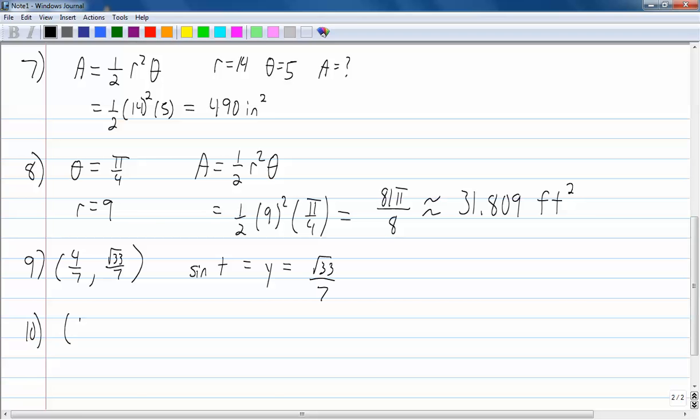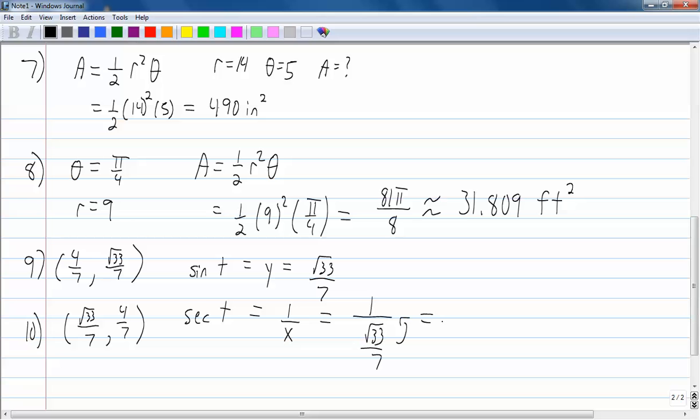Number 10, we have the point square root of 33 over 7, 4/7. We want to find secant of t. Secant is 1 divided by x. So that's 1 divided by the x coordinate, which is square root of 33 over 7.